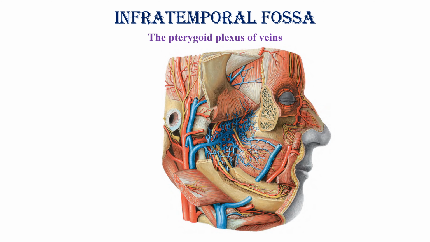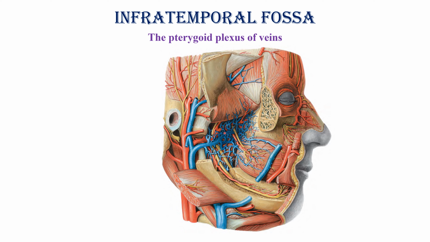Now we are going to describe that very important plexus, the pterygoid plexus of veins, which we have come across during study of the face, the scalp, the nose, the pharynx, and also the cranial cavity.